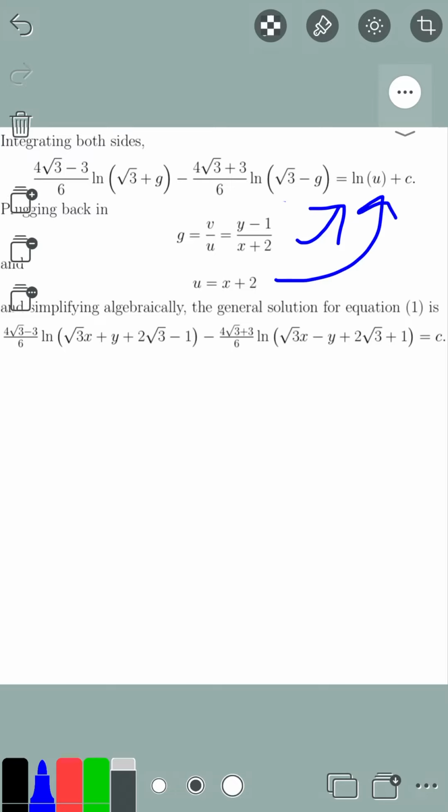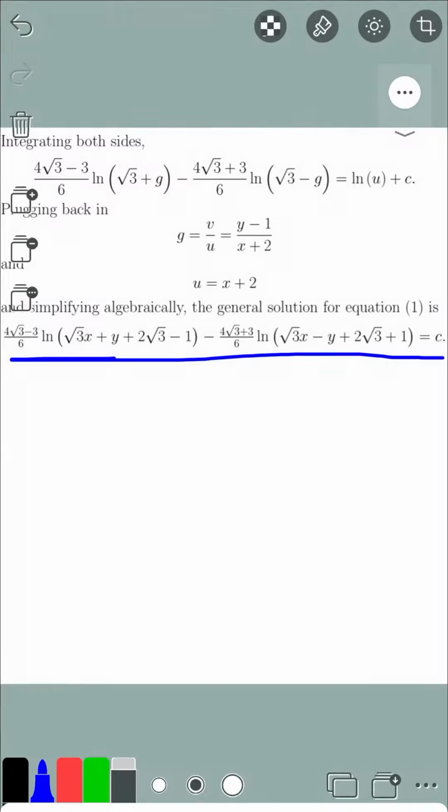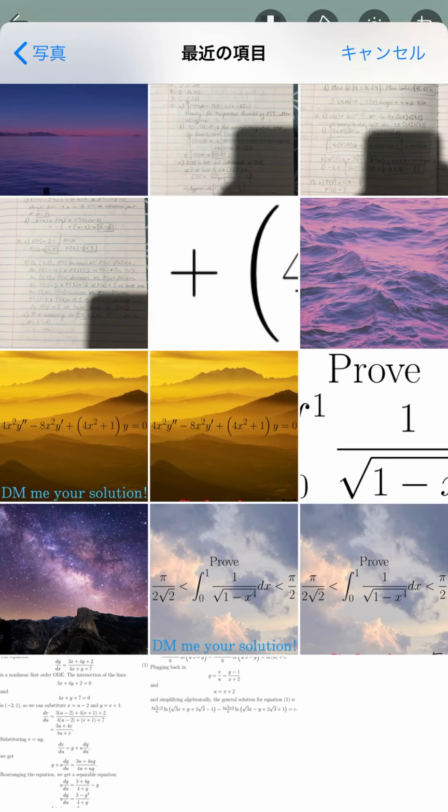Then we get the general solution for our original differential equation, which is this long thing right here. I'm not going to read it out loud because it's just too long. I'm going to go back to the last slide.